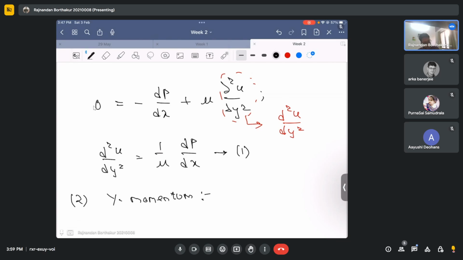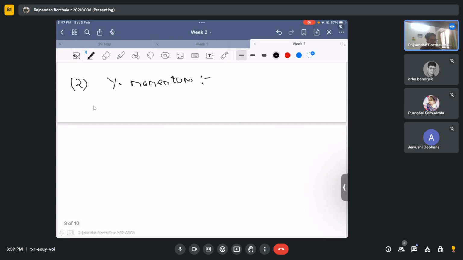So let us now write the y momentum equation. I'll write this fast because we already know how to write the NS equations in various coordinate systems.